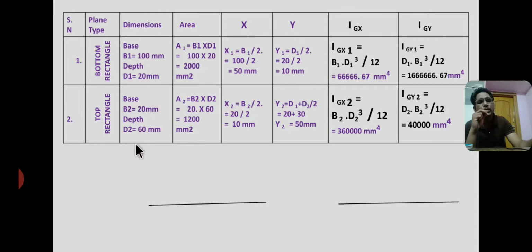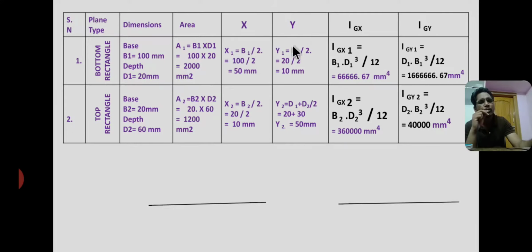These are the dimensions. So b1, d1 are the dimensions of the bottom rectangle, b2, d2 are the dimensions of the top rectangle, whereas the area of the bottom rectangle a1 equal to 2000 mm square, a2 is the area of the top rectangle, that is 1200 mm square.